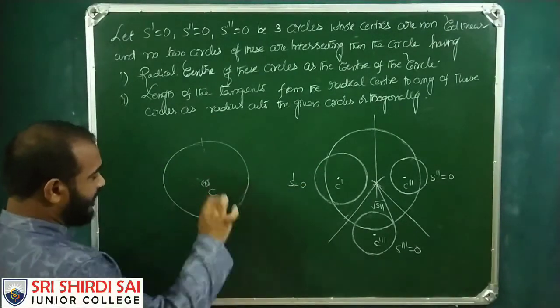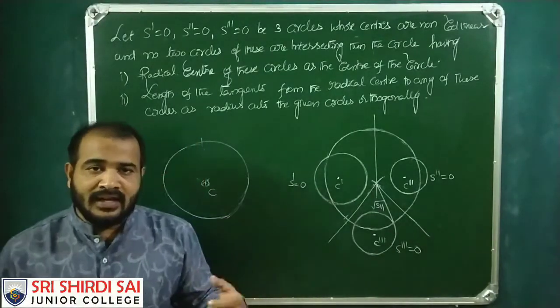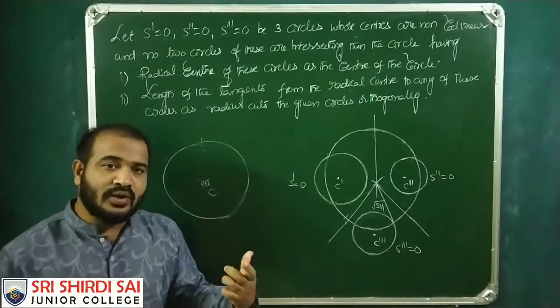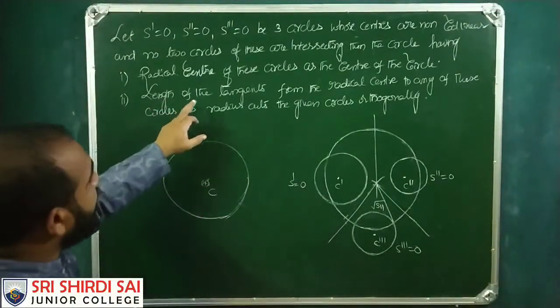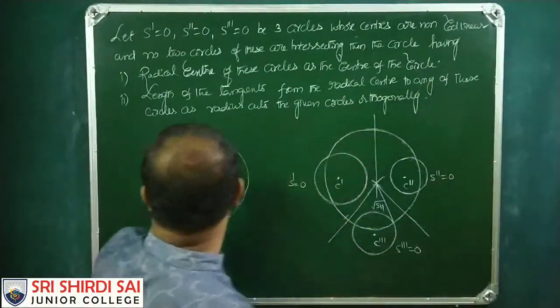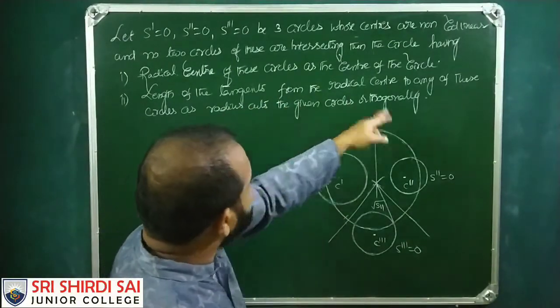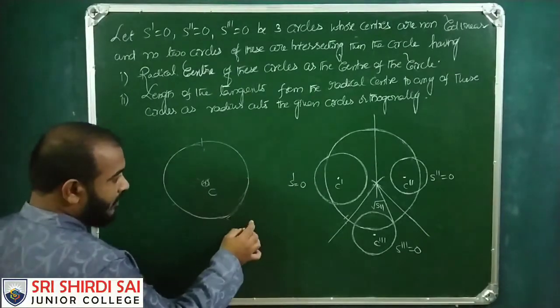This is C, for example. For obtaining any circle equation, along with the center, the radius is also required. That radius is nothing but the length of the tangent from the radical center to any of these circles, as the circle cuts the given circles orthogonally. So for example, there are three circles.